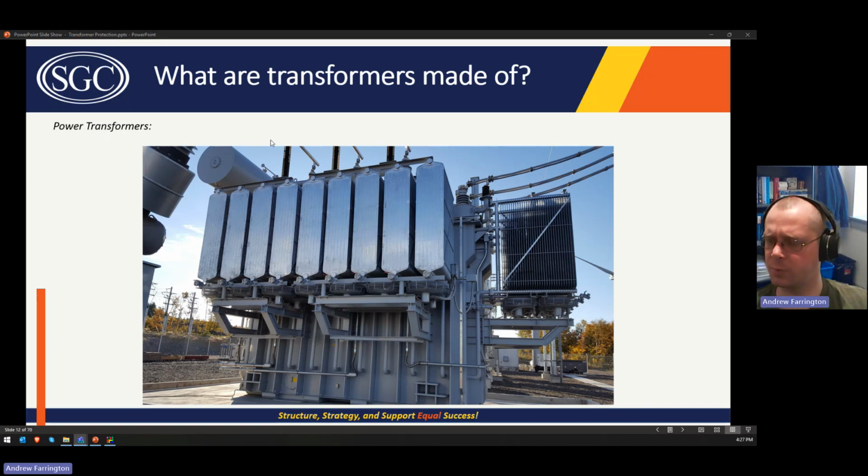This is a 3-winding transformer. This is the high voltage side, and then this over here is actually a tertiary winding that's going over to a synchronous condenser. And then on the far side, you can't really see it, would be the high voltage side.